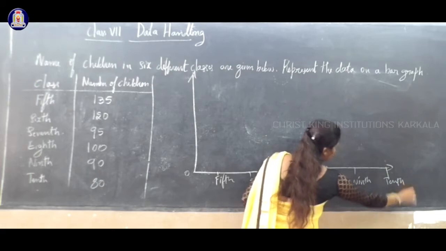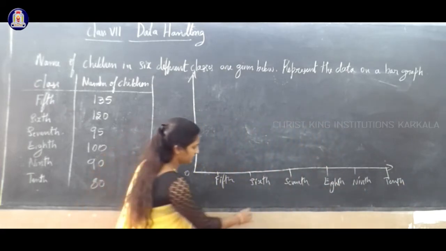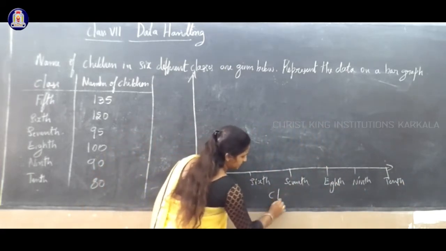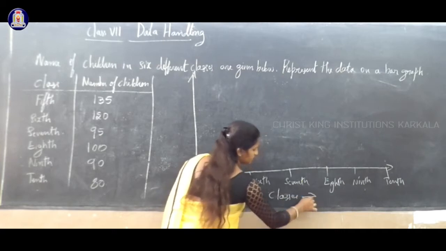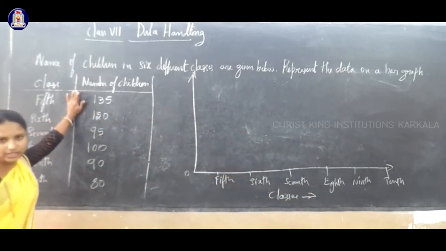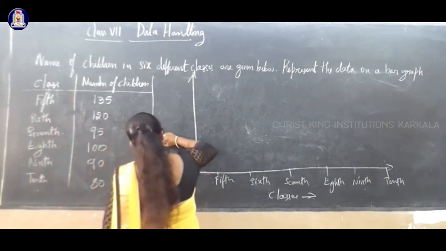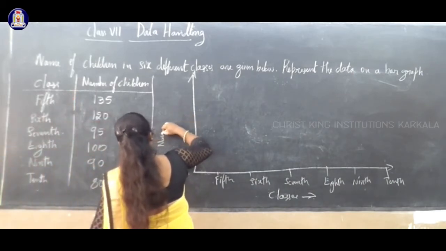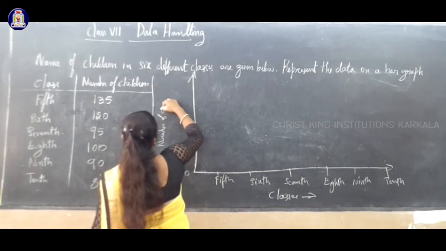So these are the classes; in the horizontal line you have to write classes. Next, in the vertical line, you have to write the number of children.